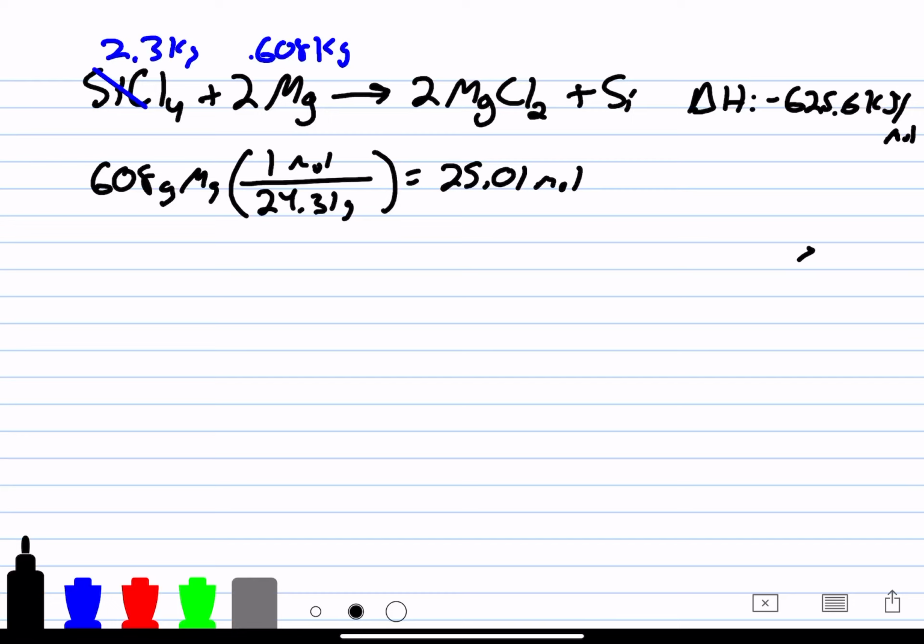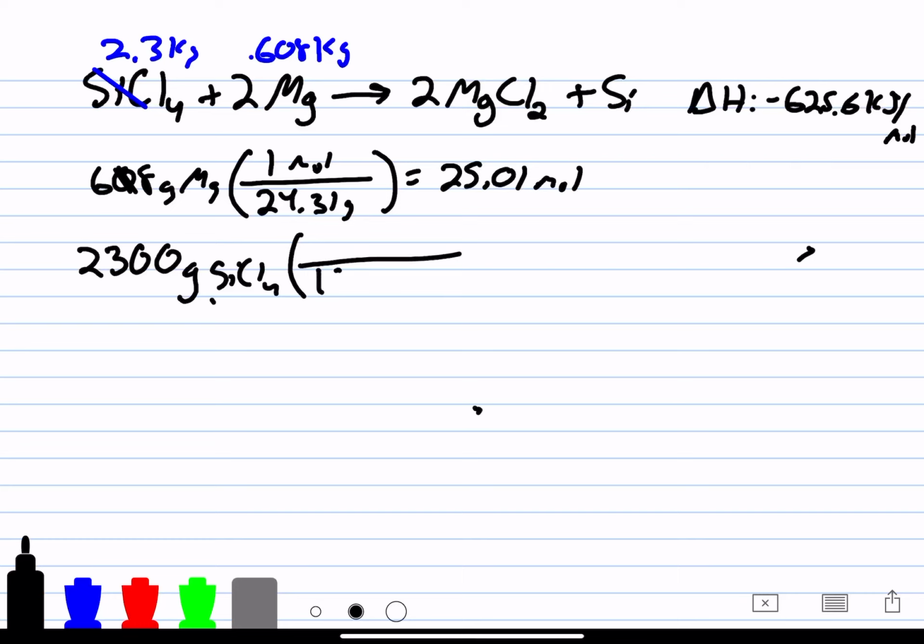Likewise, 2.3 kilograms is equal to 2,300 grams of SiCl4.